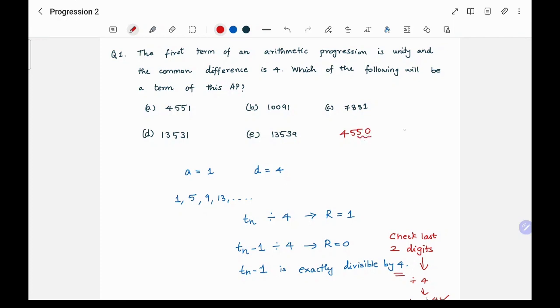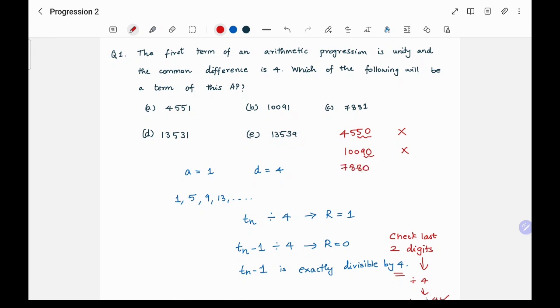Is it divisible by 4? No, because 4 into 12 is 48, so 50 is not divisible. Next, 10091 minus 1 is 10090. Again 90 is not divisible by 4. So we'll go to option C.